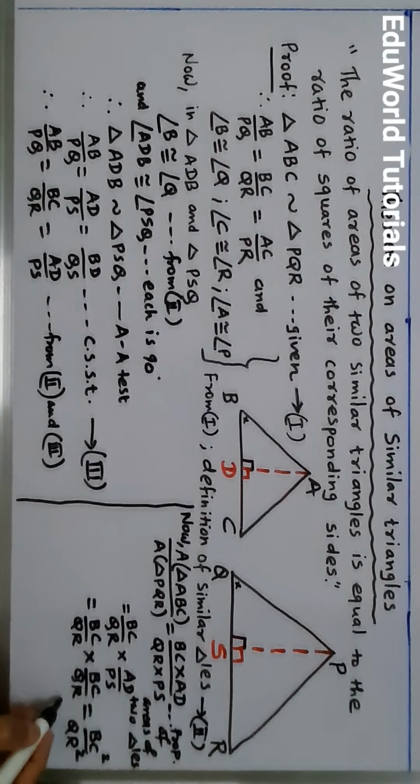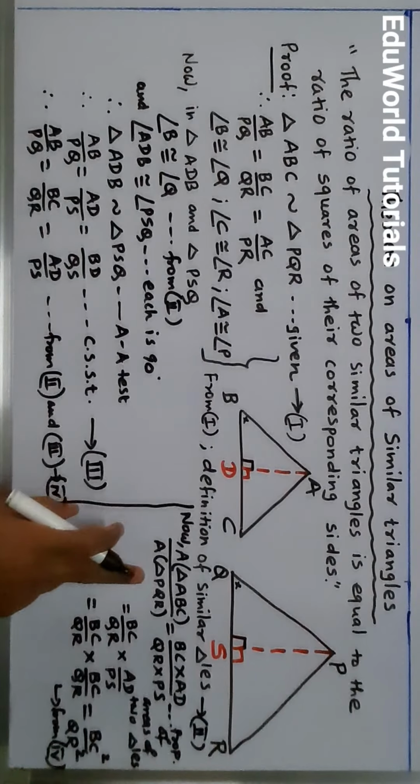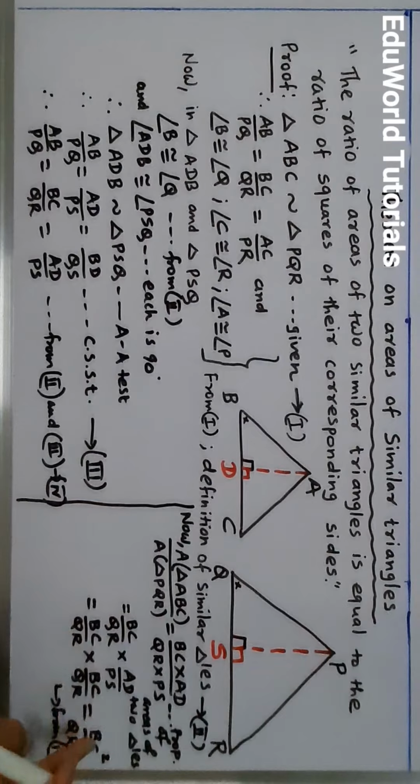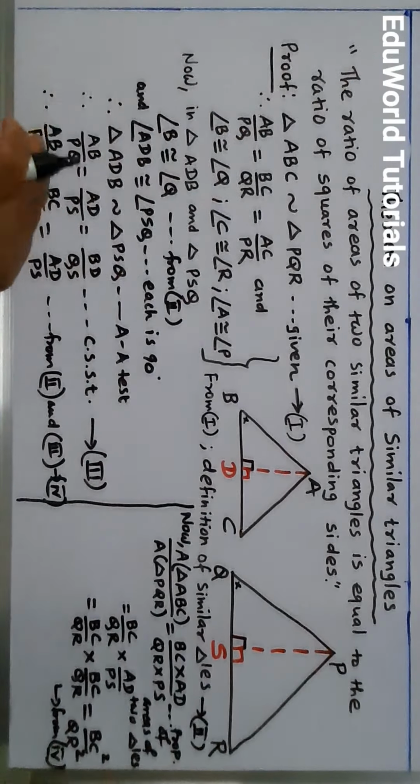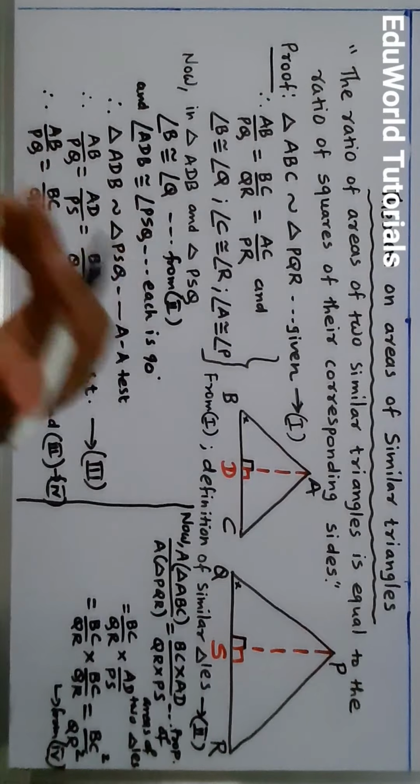Understand? We did not give this a number, we can give this result number 4. So we can write here from result number 4. And so you can see that area of triangle ABC upon area of triangle PQR is equal to BC square upon QR square, which is what we had to prove, as in the earlier frame.